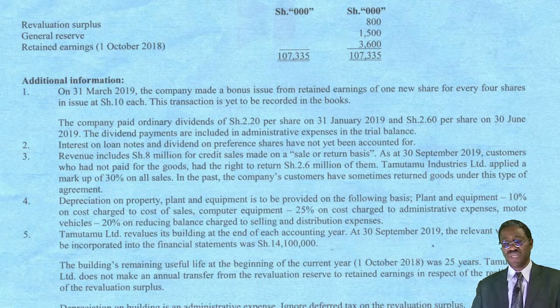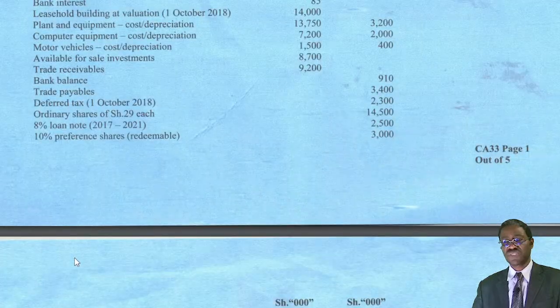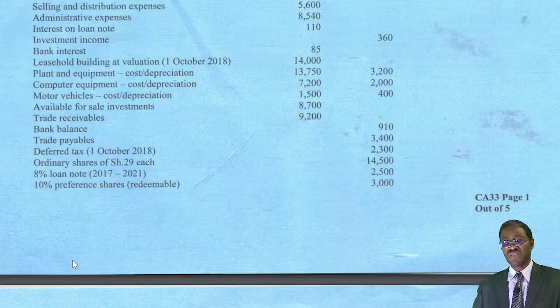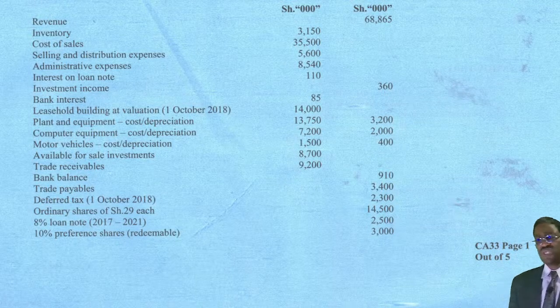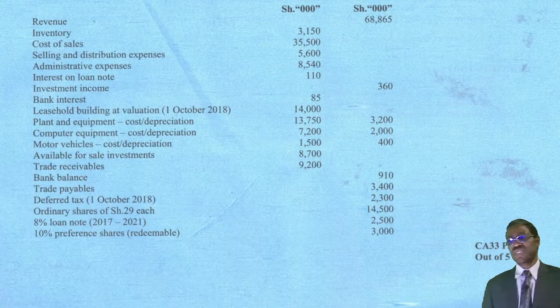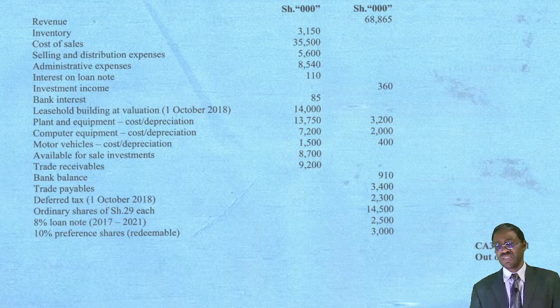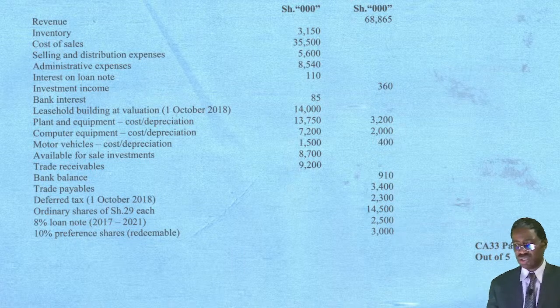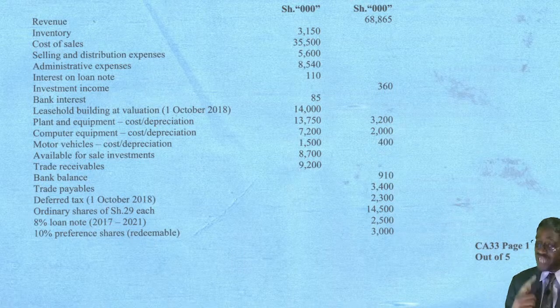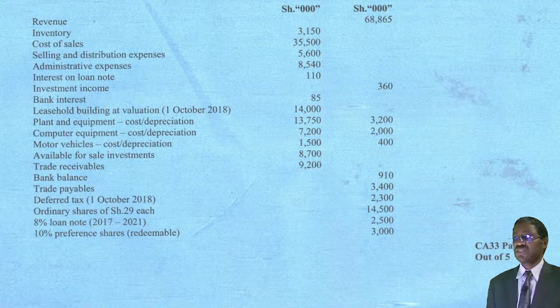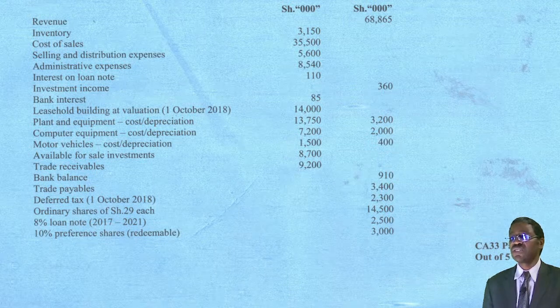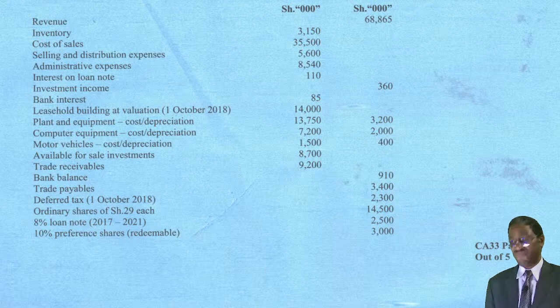So let me roll the question. Okay. I hope you can see there, our share capital down there is given ordinary of 29 each. They are giving us the amount, 14,500.